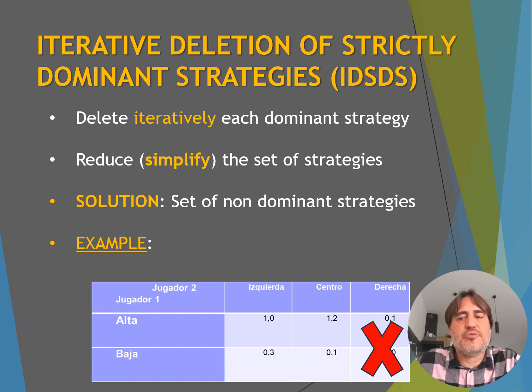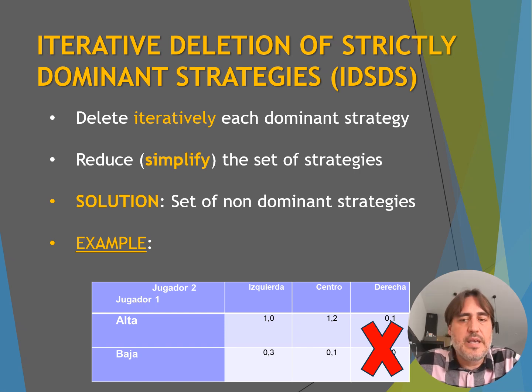If this player is rational, they will never play right. Now we have assumed that all players know that the others are rational, since the rationality of the players is common knowledge, as we commented in previous videos. Therefore, the row player can deduce that the column player will never play right.